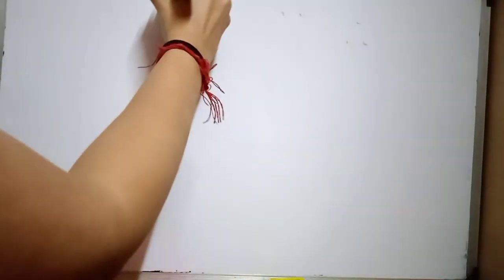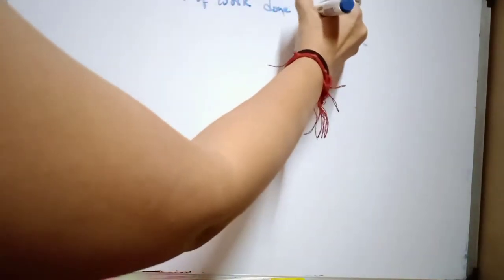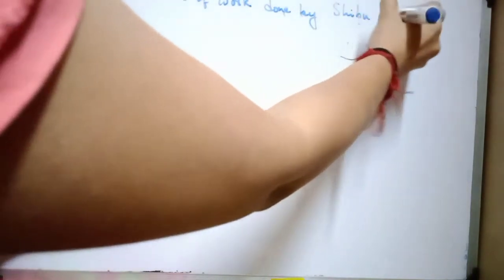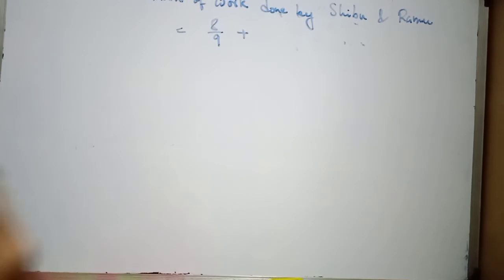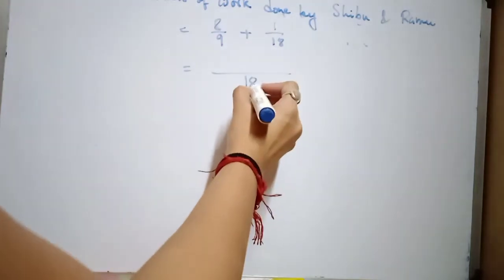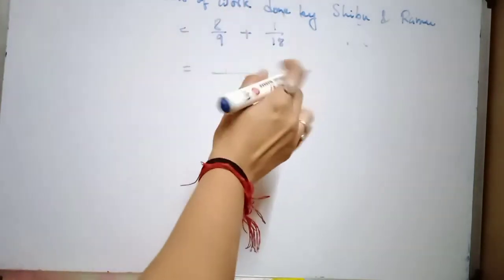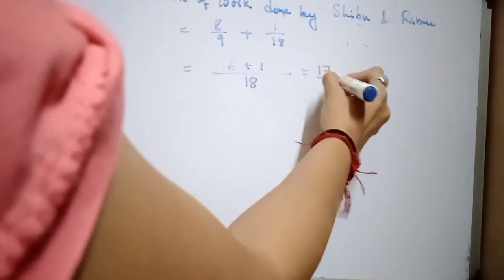Okay, so the total amount of work done by Shibu and Ramu, we have to add 8 by 9 plus 1 by 18. Now taking the LCM, we get 18. 18 divided by 9 we get 2. 2 into 8 is 16 plus 1, that is 17 by 18.